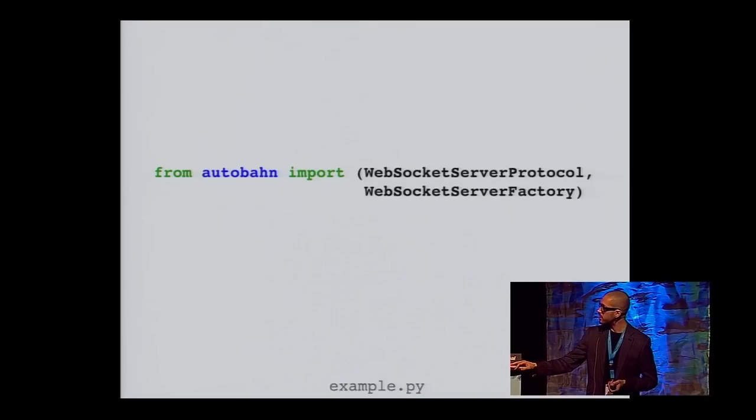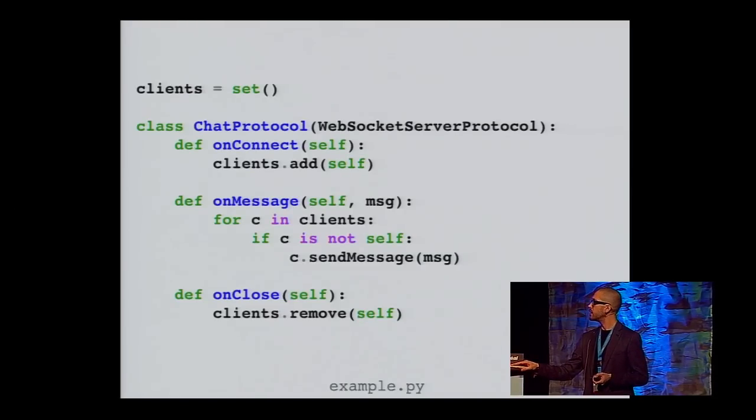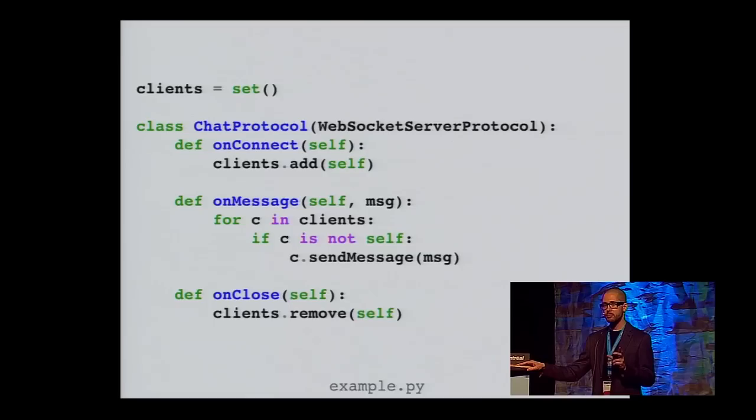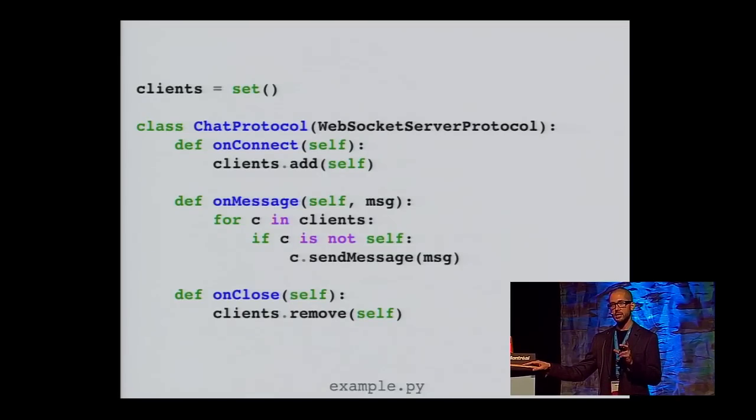The next part of the example application is the chat protocol logic itself. So we have this global set of clients that represent all the currently connected browsers. And then we subclass Autobahn's chat protocol. And we override three methods.